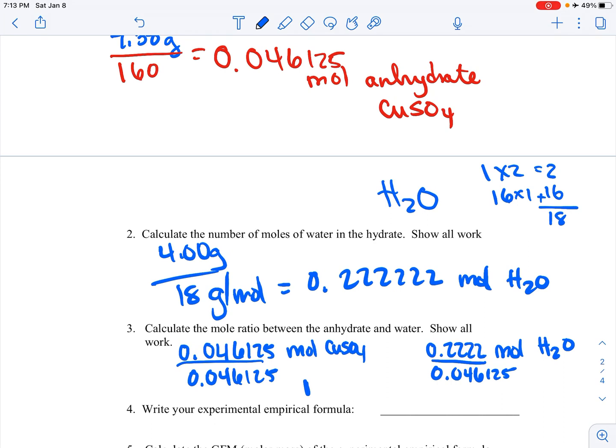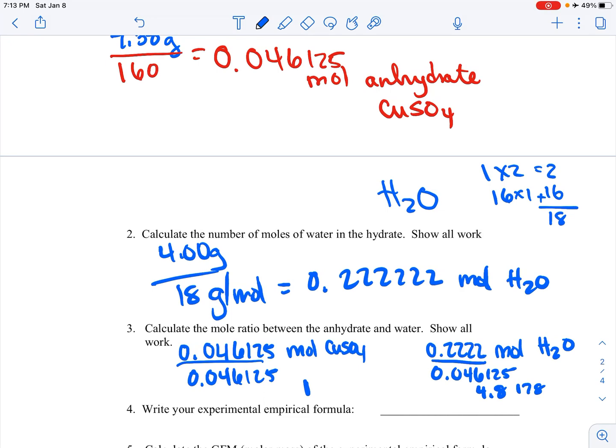And when I divide this, I get 4.817, whatever. Now, the rule with rounding, if you are 0.5, if this is 4.5, I would double both of them. If you are below 0.5, you would keep it or round it down.